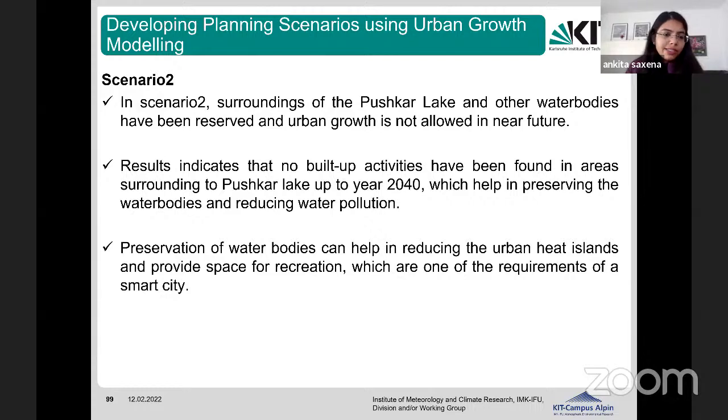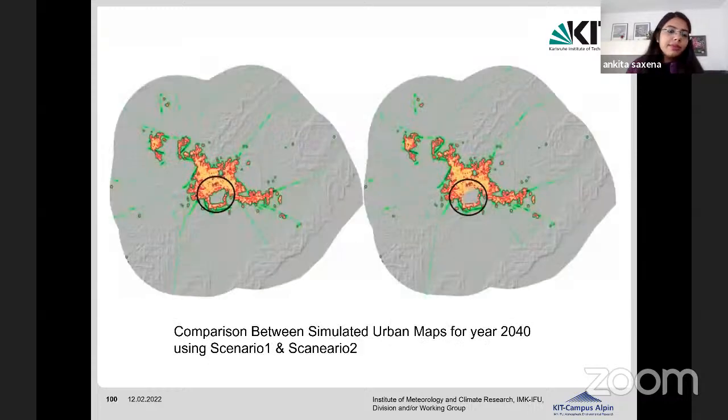Likewise, in scenario 2, we tried to preserve water bodies. If there is no such scenario or restriction, then around the lake, urbanization is shrinking the lake. But if you impose some restrictions around those areas, then you can see that urbanization will shift in a different direction.